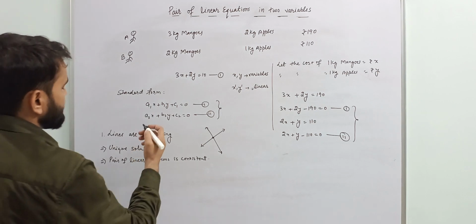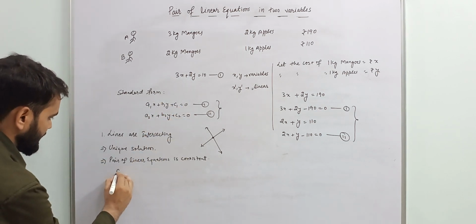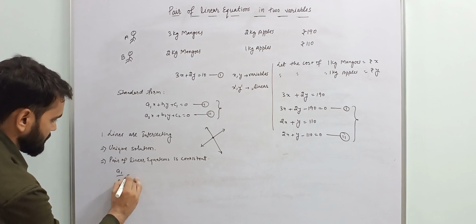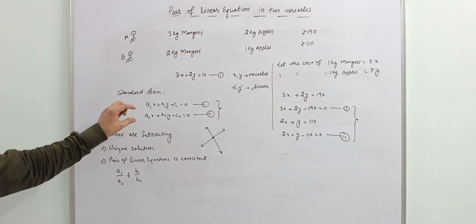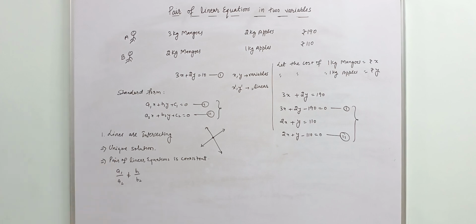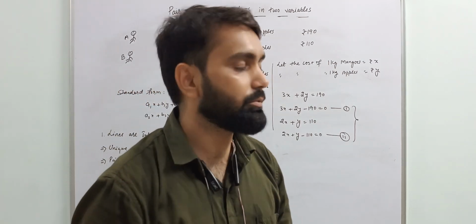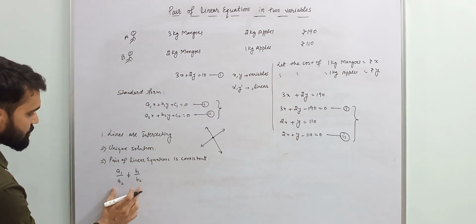And if we compare the coefficients, we can say if a1 upon a2 is not equal to b1 upon b2, then this pair of linear equations will represent intersecting lines. So either you draw the graph and find whether they are intersecting or not, or you simply compare the ratios.